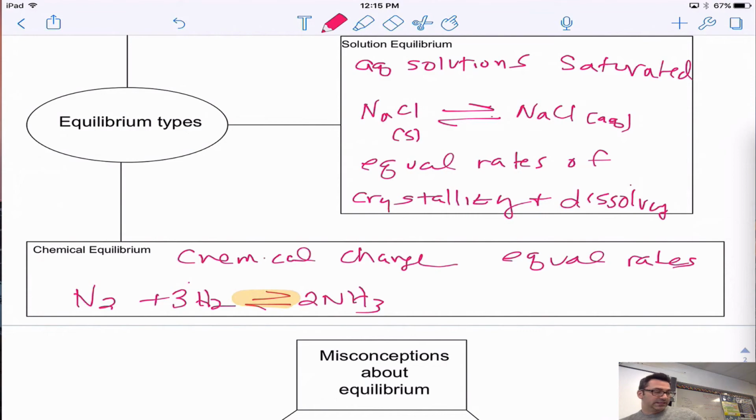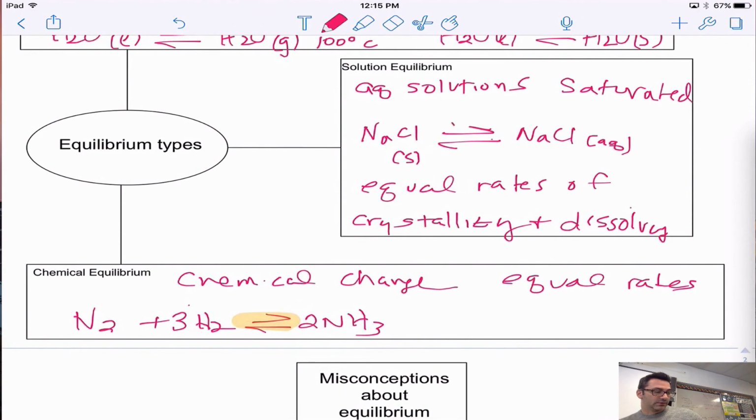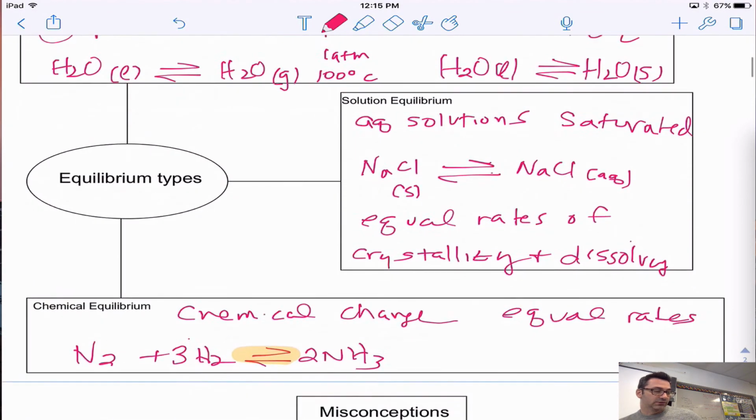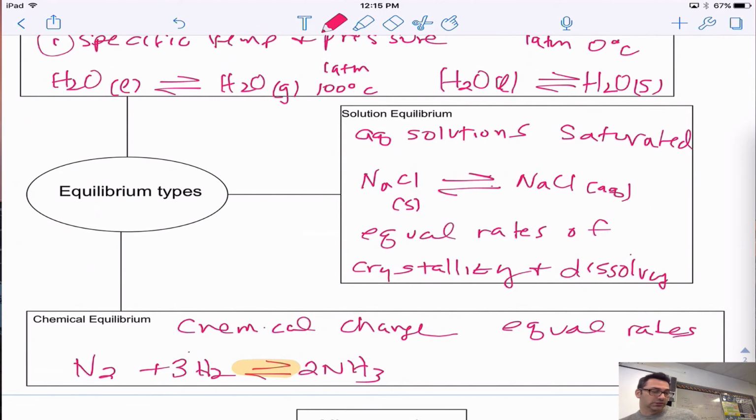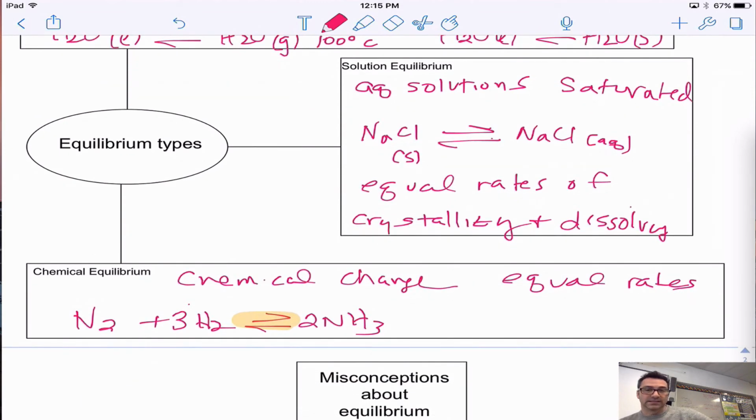And in all of these states of equilibrium, no matter what it is, whether it's a phase or a solution, which are physical changes, or a chemical equilibrium that has a chemical change, we're going to notice that when we reach equilibrium, this point where the rates are equal, there's no visible changes.